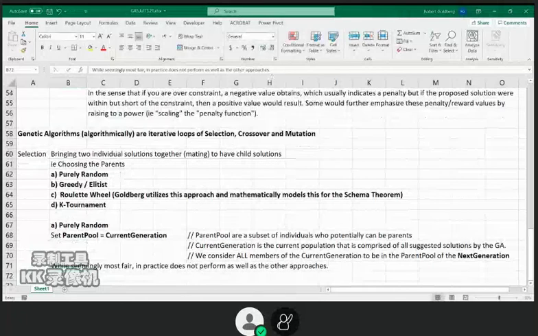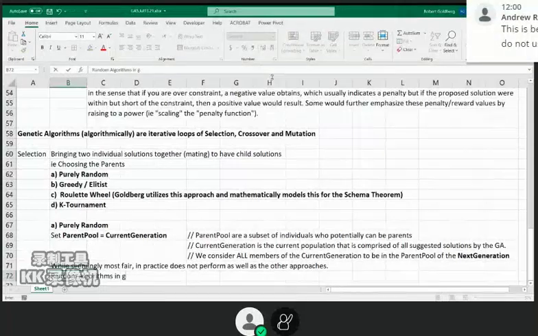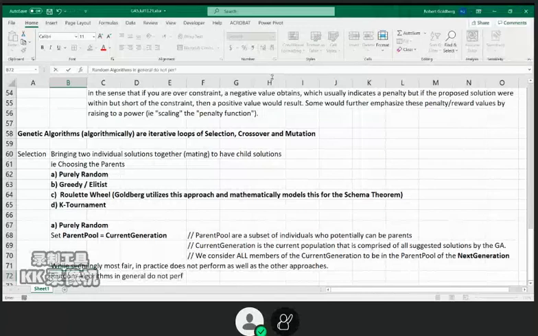It's not because we say all members, it's the randomness. So let's say it that way: random algorithms in general do not perform well on hard problems.